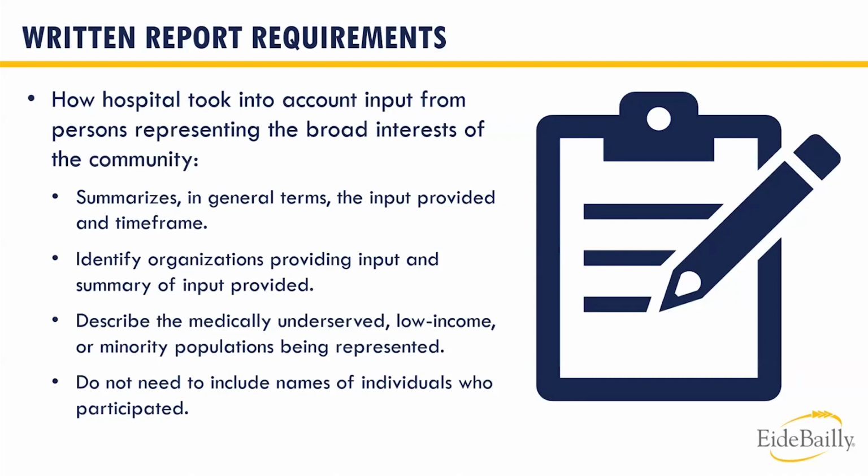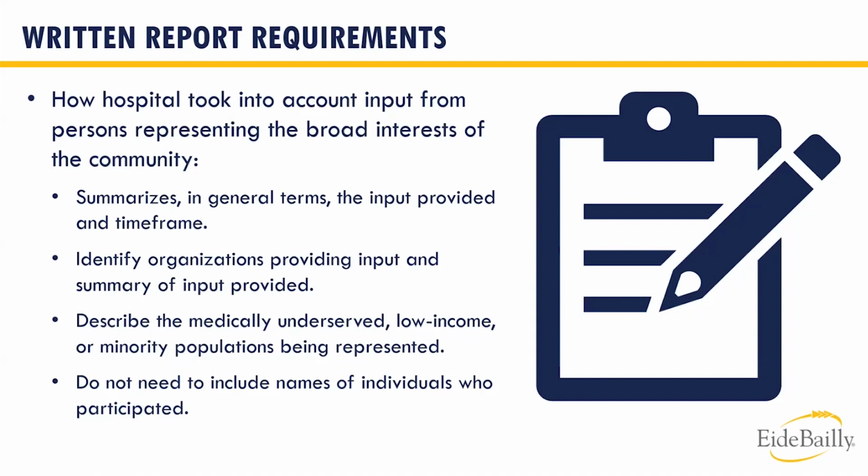So I always want to see a report that specifically calls out those populations and what you did to ensure that you got input from them or from organizations working with them. We typically are going to want to identify the organizations that provided input, but you do not have to list specific individuals.